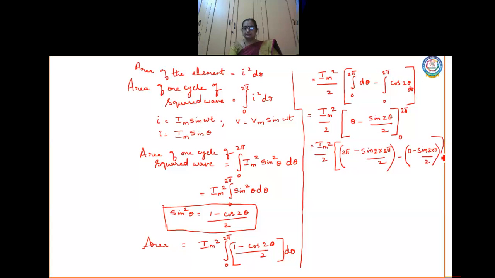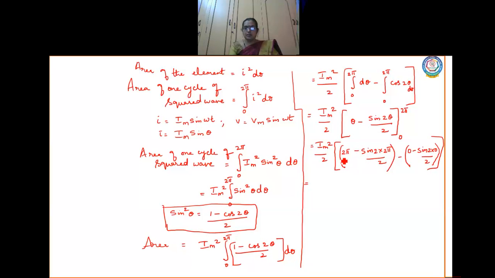Now I will have sine 4 pi here, and here also sine 0. Sine 4 pi and sine 0 both have the value 0, so this term will not be there. What alone is remaining? 2 pi alone is remaining.